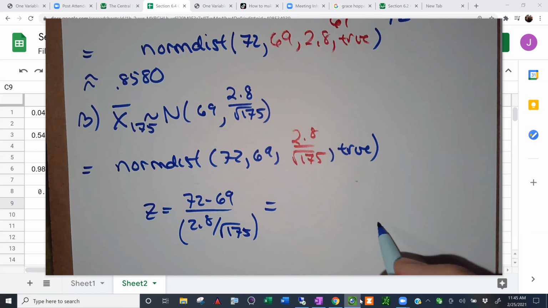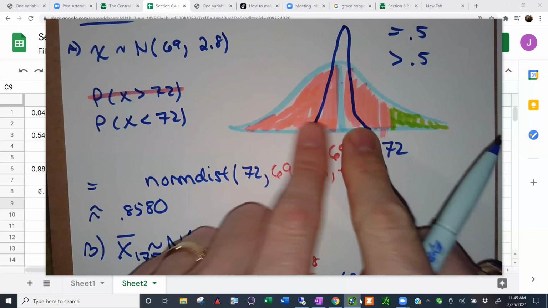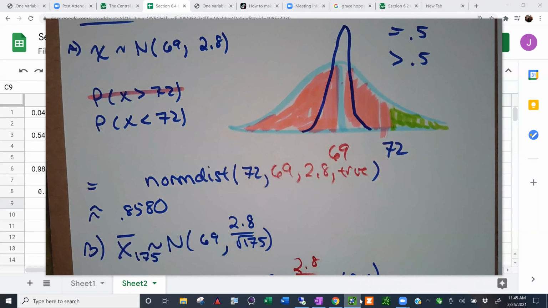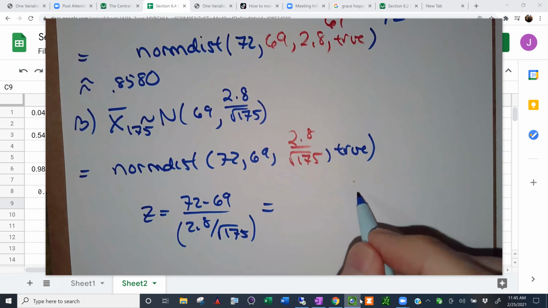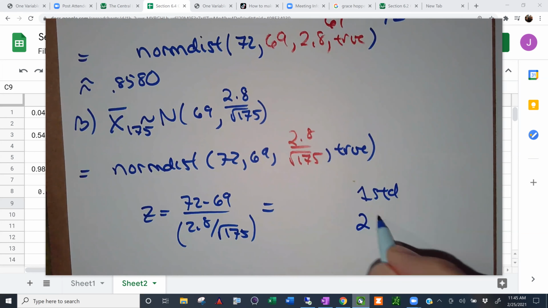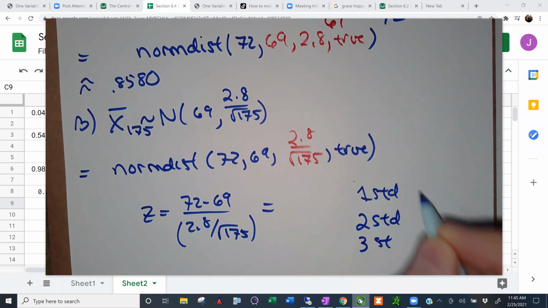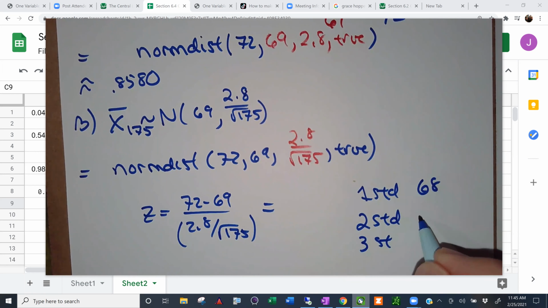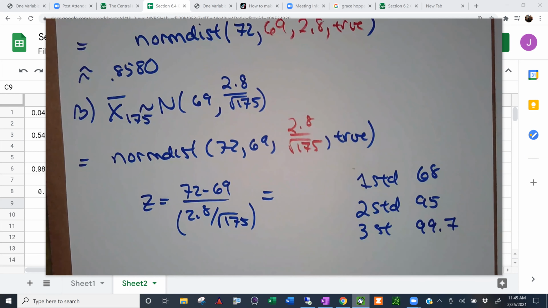The empirical rule told us how much data was within 1 standard deviation, 2 standard deviations, 3 standard deviations away from the mean. How much data was within 1 standard deviation of the mean? 68%. Excellent, 68. And then what? 95, and then 99.7, I think, 3 standard deviations away from the mean. I'm guessing that we're beyond that.